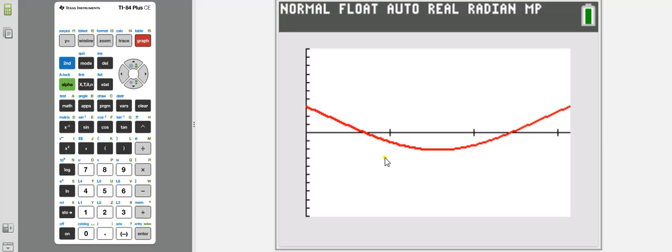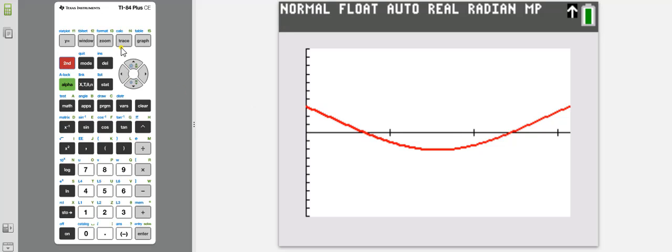So in order to find the largest area, A prime has to change from positive to negative, which is over here. So we need to find the value of this. By the way, this value right here will give you the minimum area, the smallest area, because A prime changes from negative to positive.